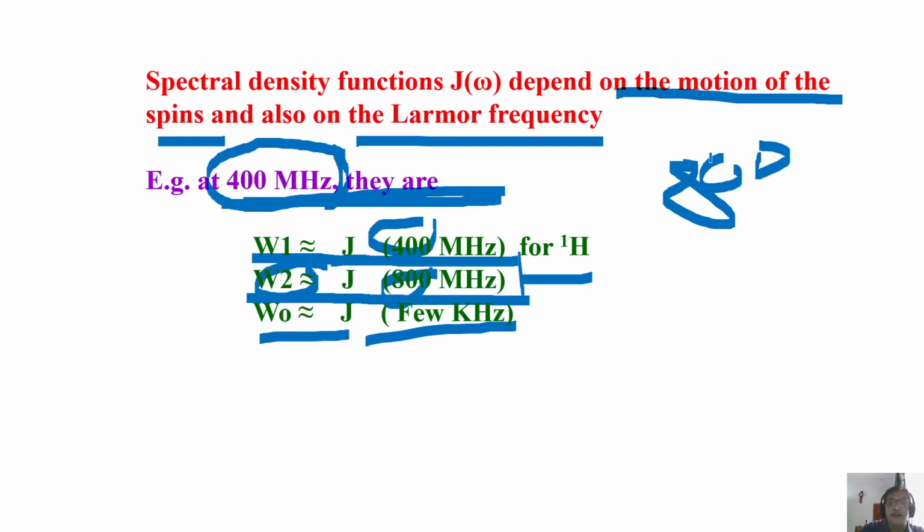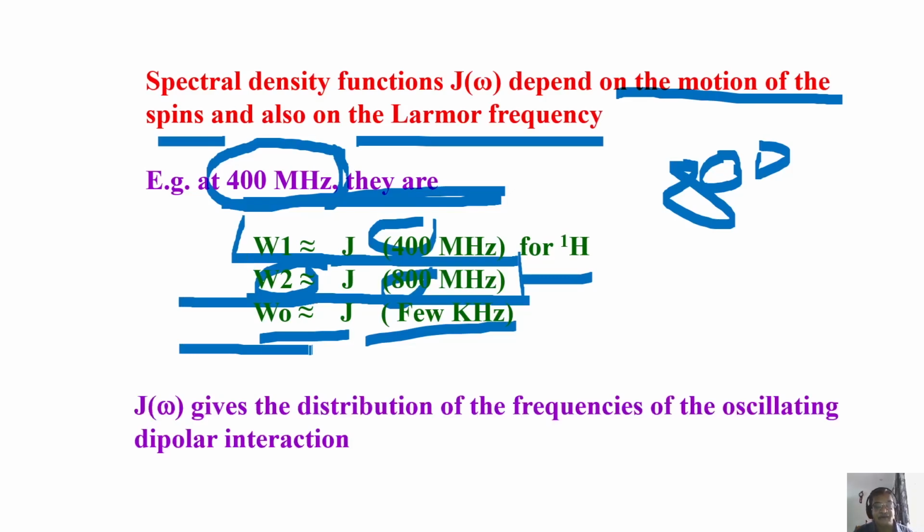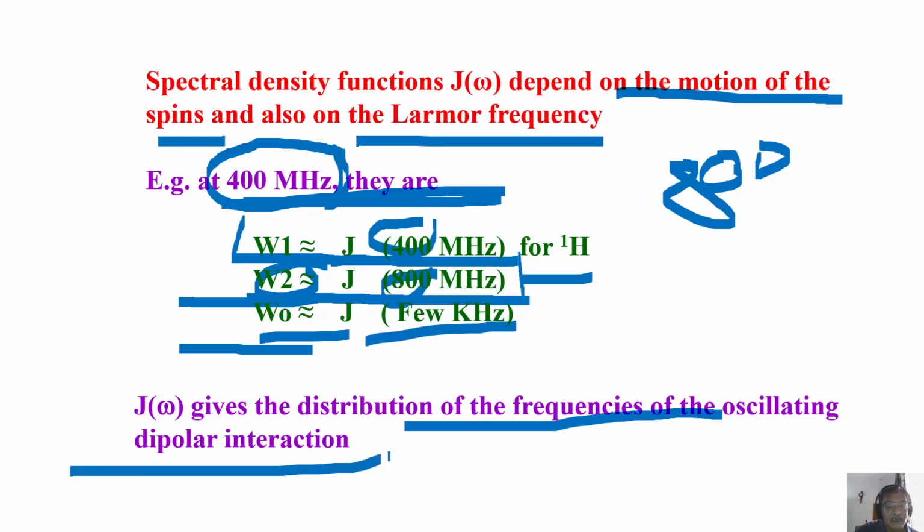Whatever the spectrometer frequency you are considering, W1 corresponds to that Larmor frequency, W2 is twice the Larmor frequency, and W0 equals the difference of the chemical shifts. Okay, and this is the distribution of frequencies of the oscillating dipolar interaction. It is all oscillating dipolar interactions, because these motions generate fluctuating fields, and that has all these frequencies.